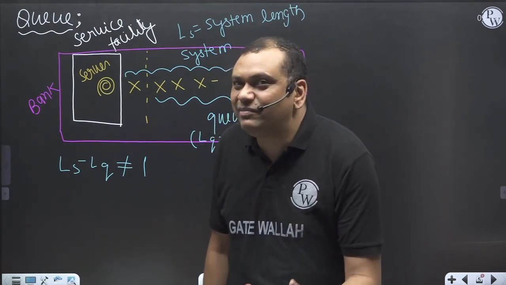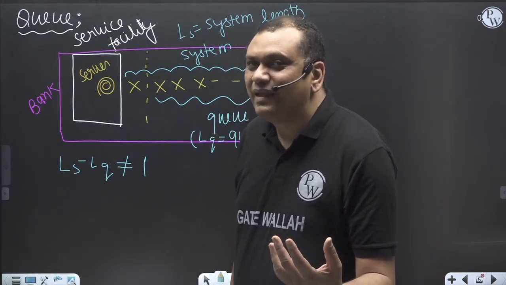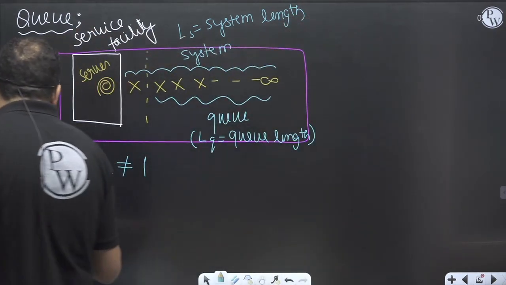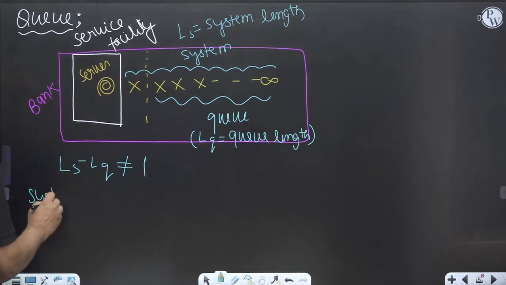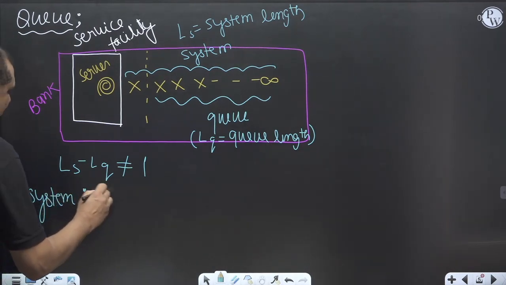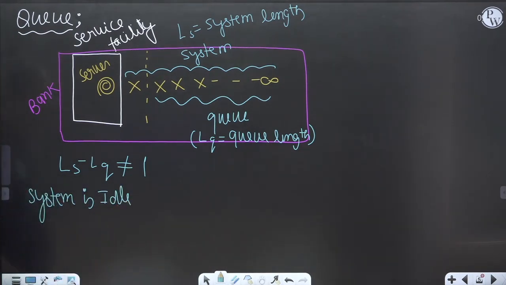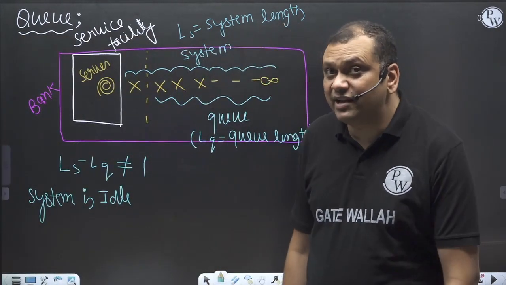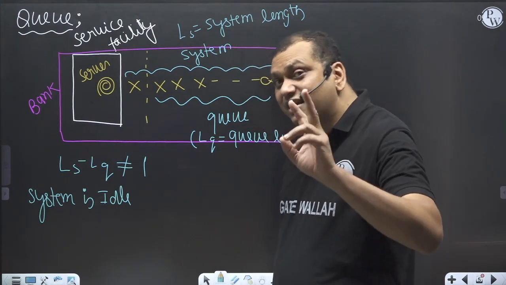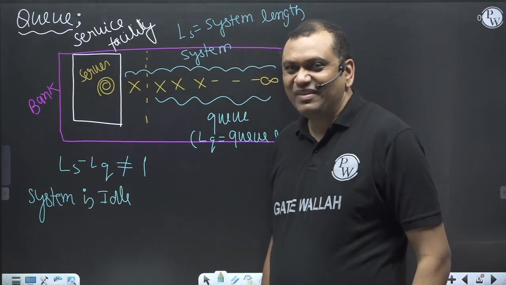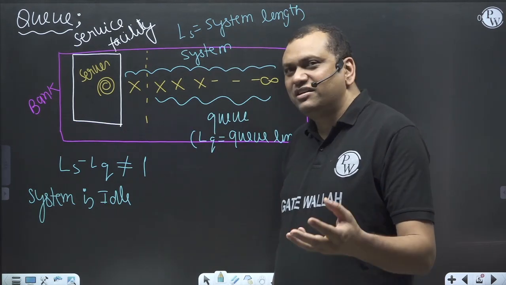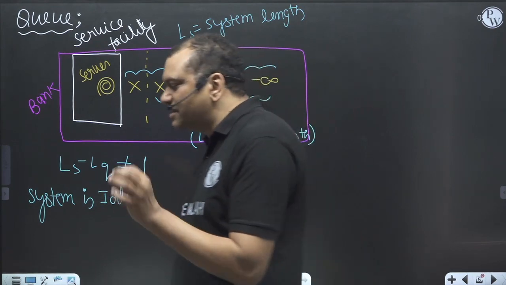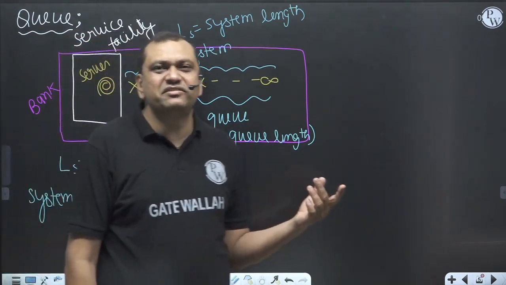Because there will be some time period during which the system is idle. So in the average, that is also being calculated. While calculating this average, system idleness is also taken into consideration.